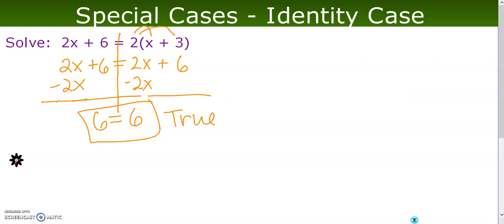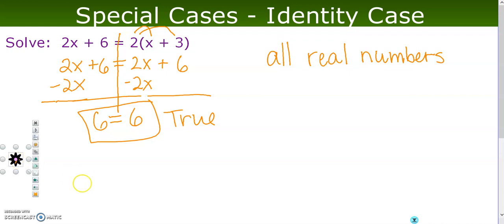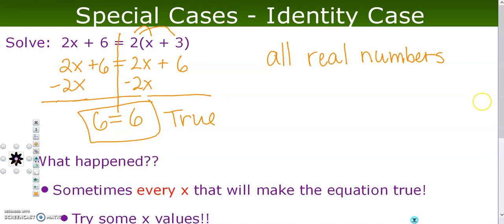This is a true statement. My variables disappeared, and what that means is that all real numbers are possible solutions. Any number that I can think of could be a solution to my equation.